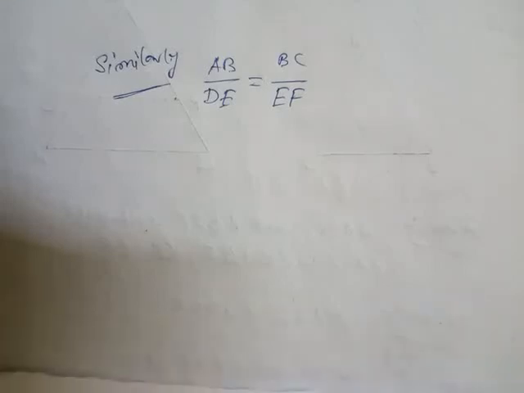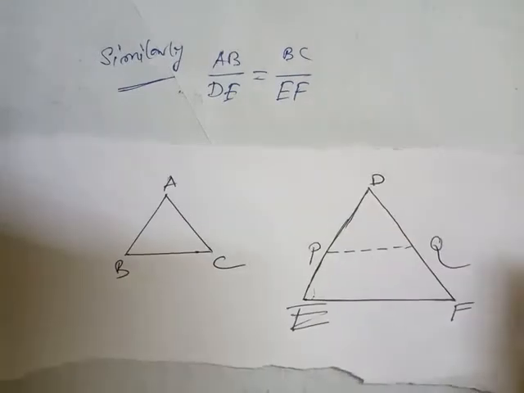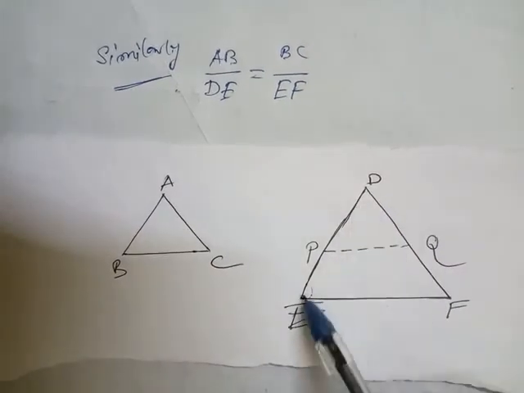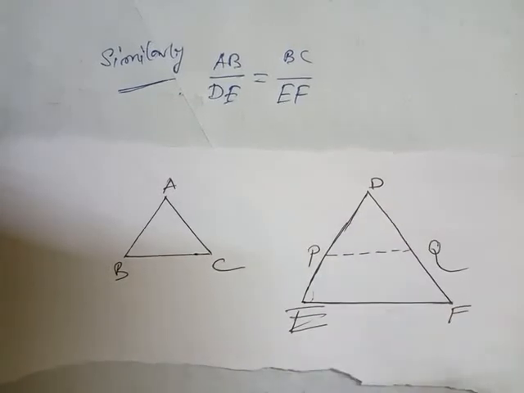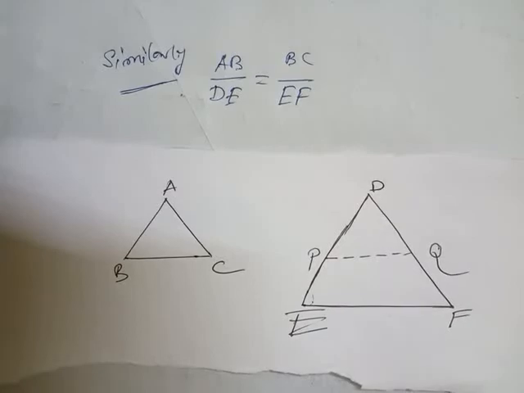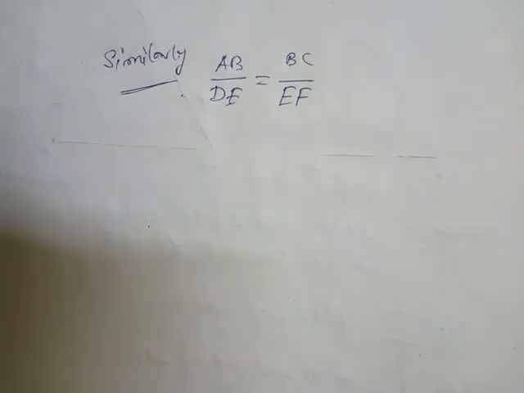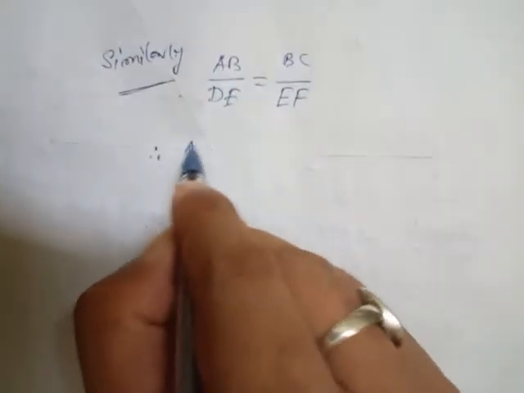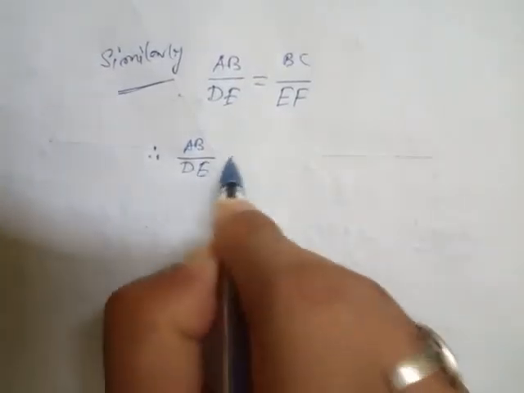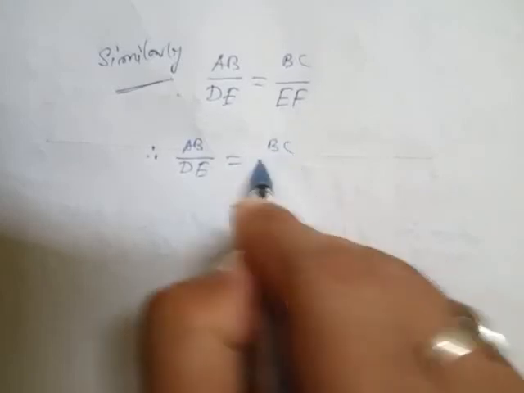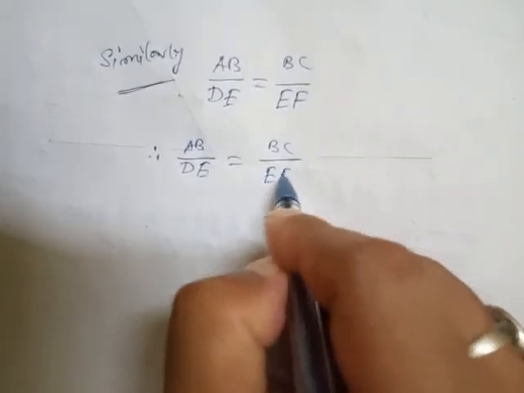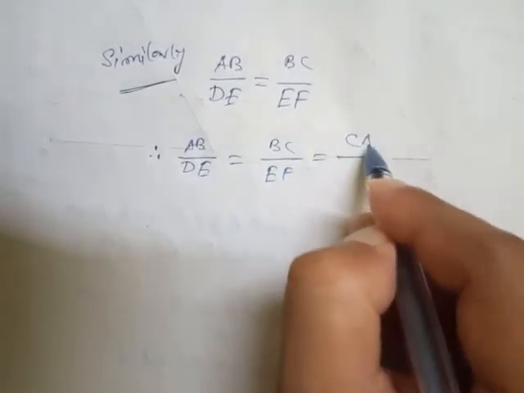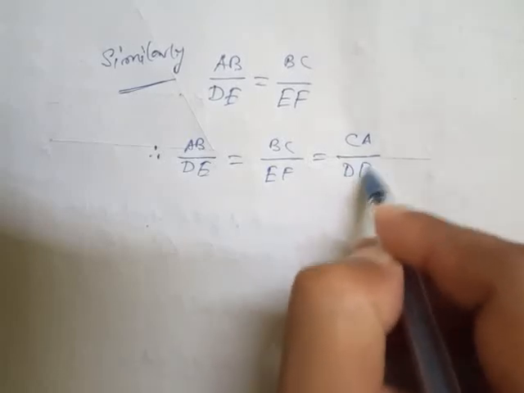And in the first case we have written AB by DE and AC by DF. In the second case, AB by DE and BC by EF, which means, student, we can say in the last line, therefore AB by DE equals BC by EF equals CA by DF.